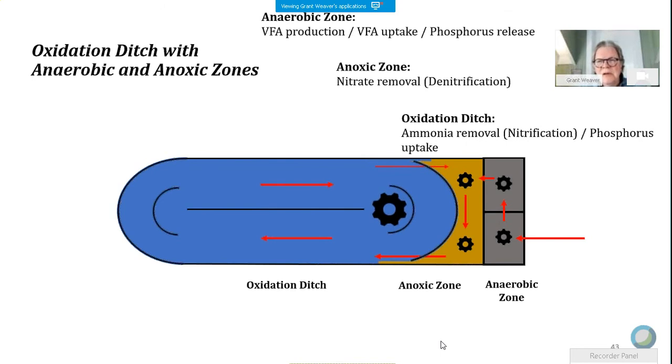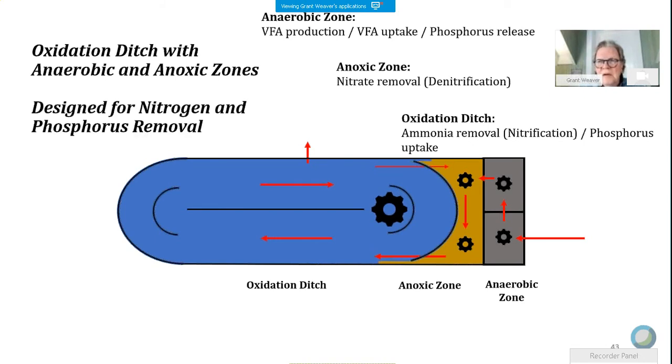And then, of course, in the main body of the ditch, whatever BOD remains is being removed aerobically, and the ammonia is being converted to nitrate. So that's the design concept. These things are designed to do it all.